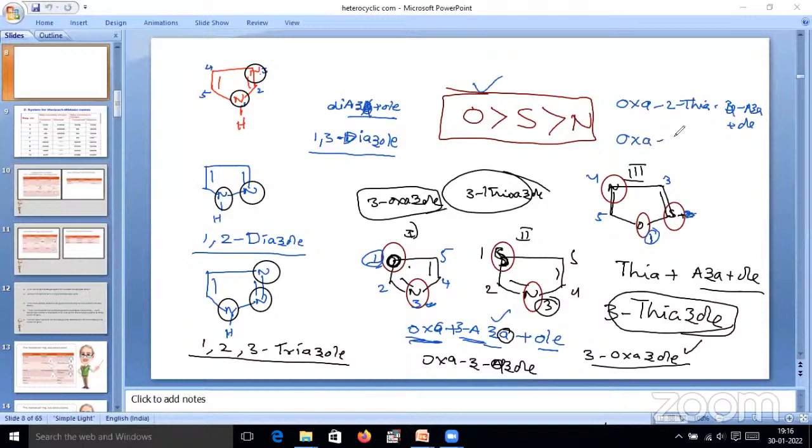Oxa 2 thia plus 3 azole. This is the IUPAC nomenclature. Whenever writing numbering, mention hyphens before and after. 2 like this, 3 like this. The first letter is capital, remaining all are small letters. Understood? 4 azole, sir? Sorry, 4 azole. The position of nitrogen is 4 azole.